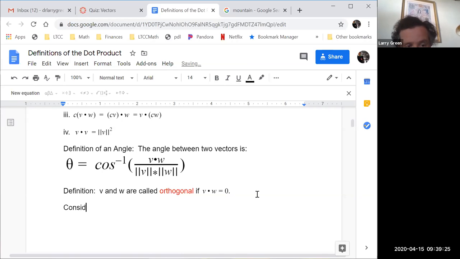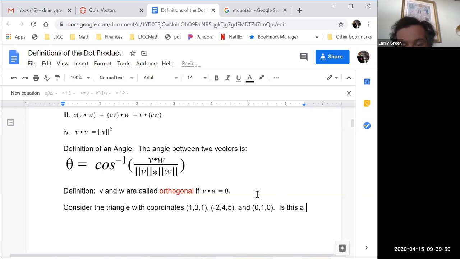Consider the triangle with coordinates (1, 3, 1), (-2, 4, 5), and (0, 1, 0).